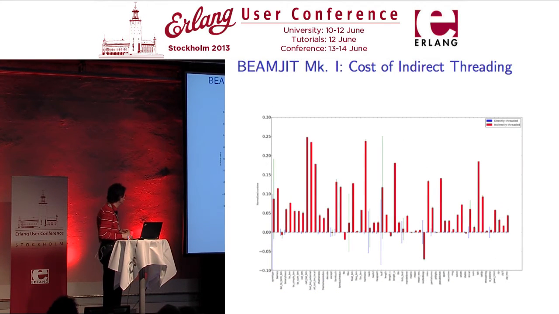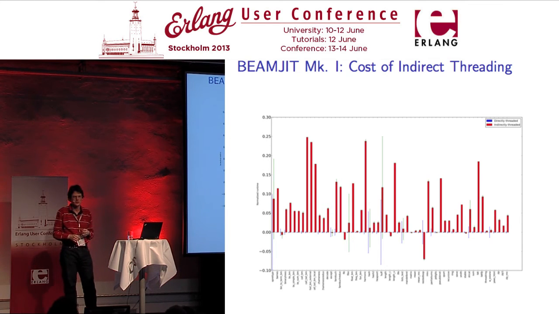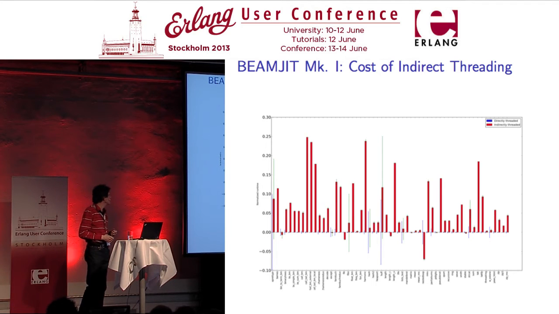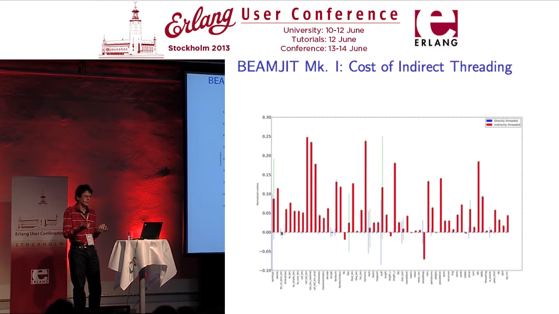So this graph here shows a benchmarking suite. It's the benchmarking suite Kostis and his team use when they want to show off BEAM. Here the height of the bars is normalized runtime. I normalized the runtime of each of these benchmarks so I can compare them to the unmodified system.